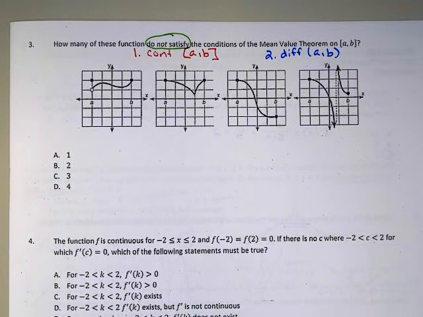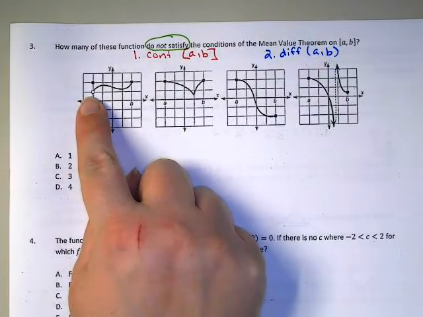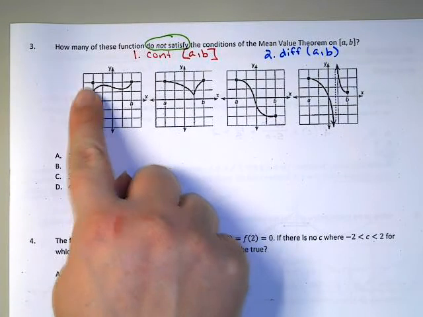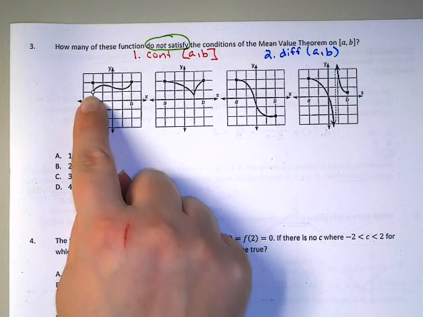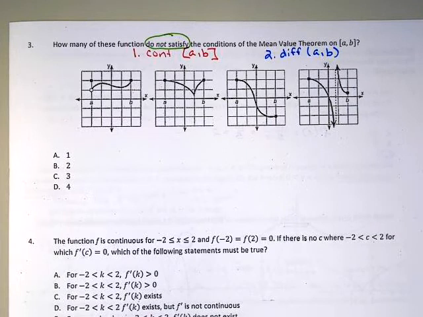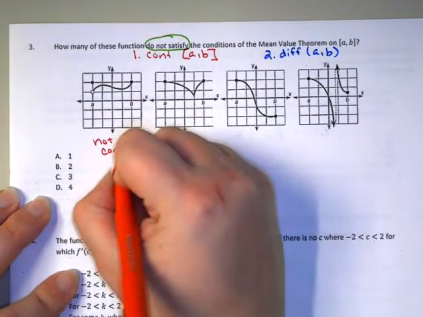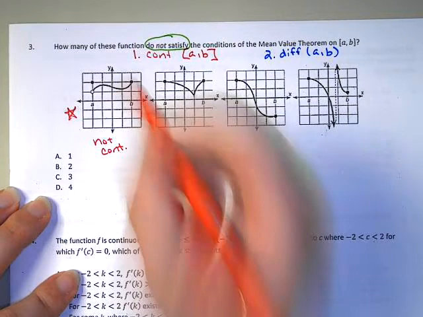All right, so this first one right here, we can clearly see that's an open circle at A, and that it's filled in up there, but that's an open circle, a removable discontinuity, which means it's not continuous on the interval. So that means this one is going to be a problem.